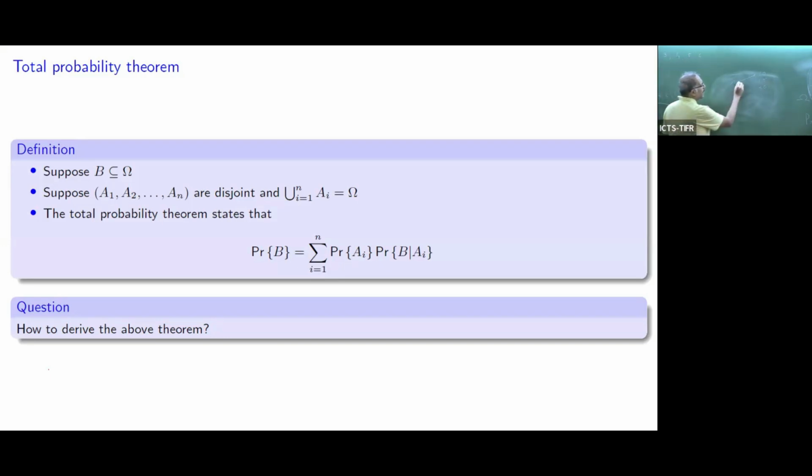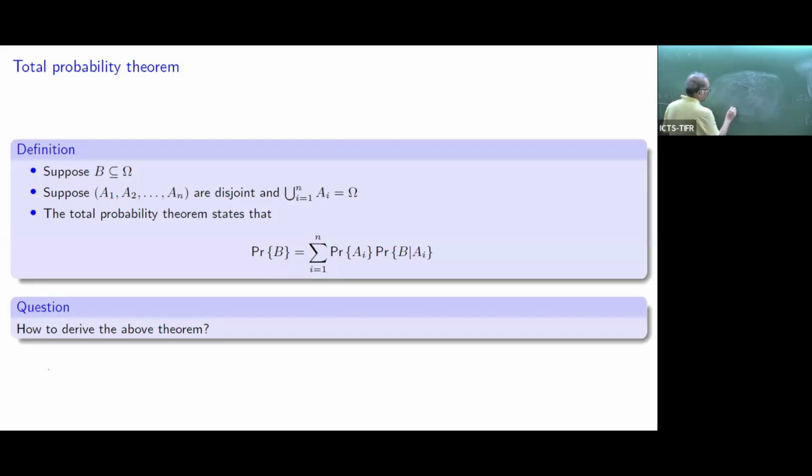So if there is rain, then the temperature can be 10, 15 or 20, and given that there is rain, the temperature values are 10, 15 and 20 with, say, chance 1 by 3, 1 by 3, 1 by 3. Something like this.